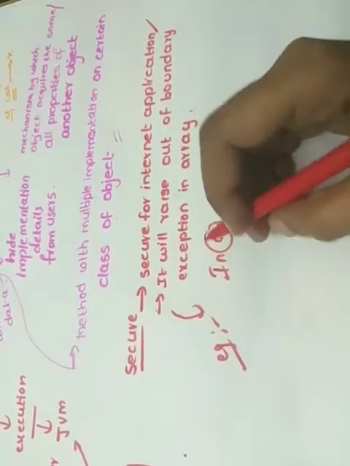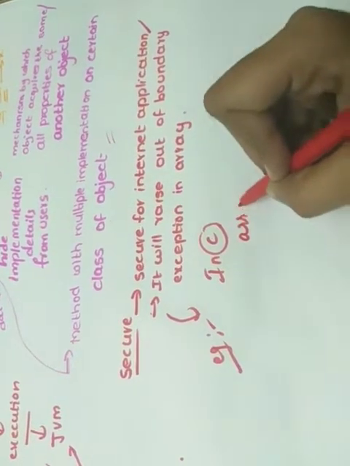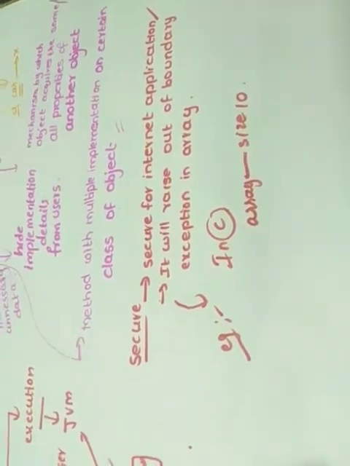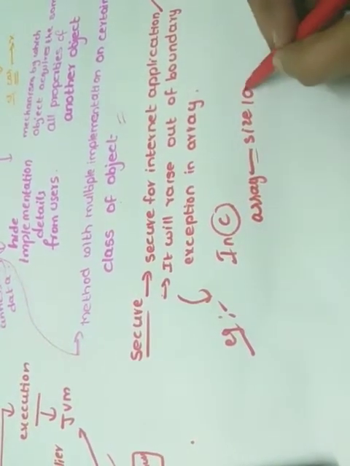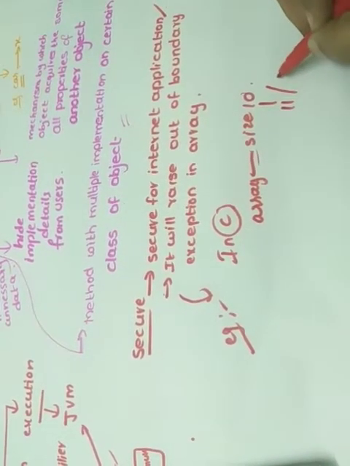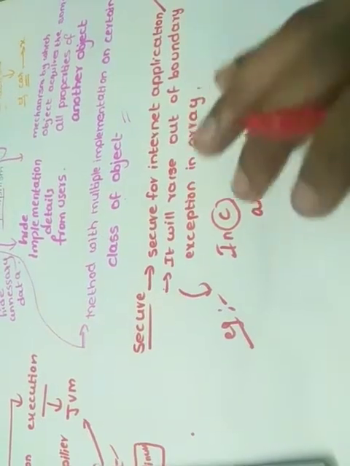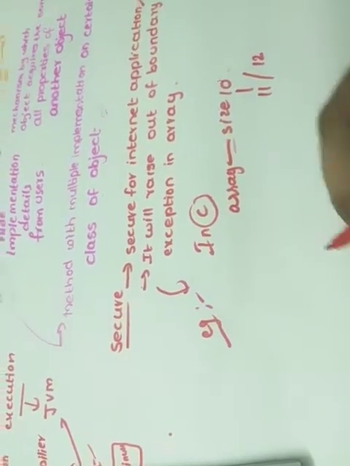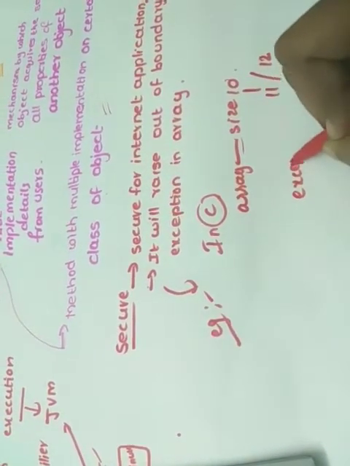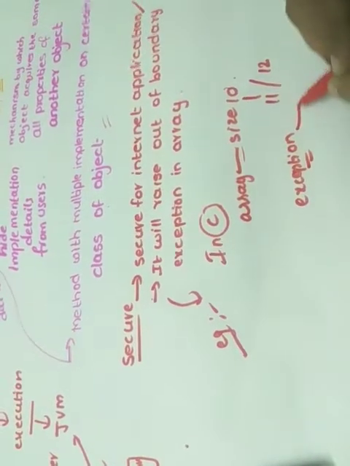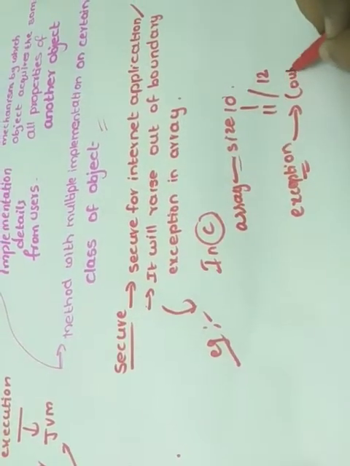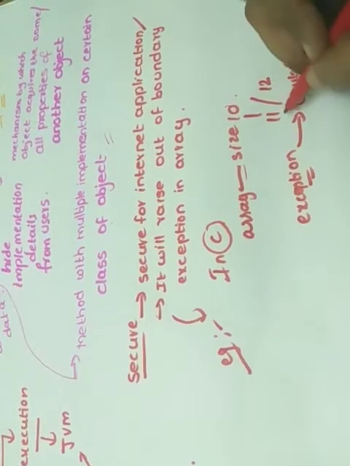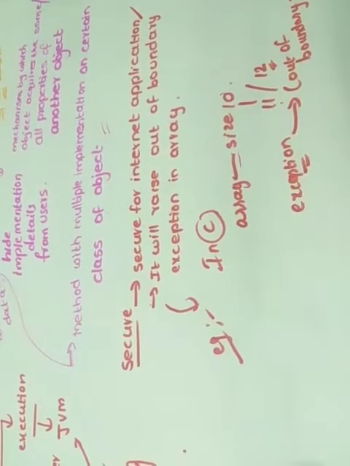If you declare an array with size 10, the user can access the 11th index or 12th index also. But in Java, it is not possible. It will raise an exception that it is out of boundary. So we cannot access the 11th index or 12th index in Java.